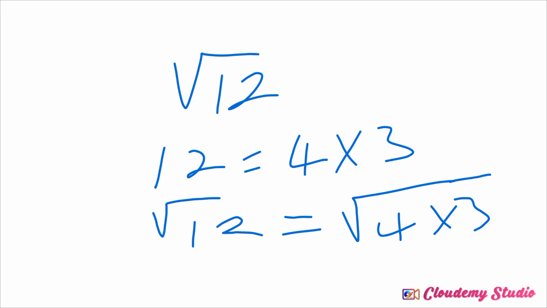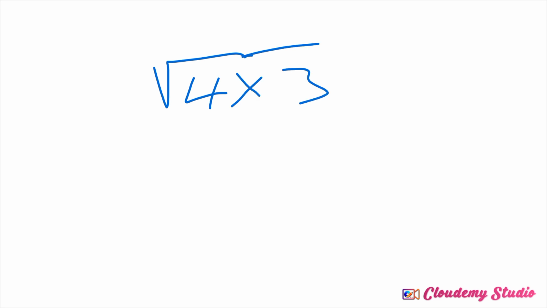Basically, if we factorize this, we can use the root separately on 4 and 3. So we can say root of 4 times 3 can be root 4 times root of 3.